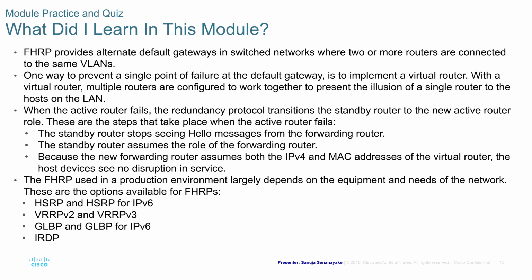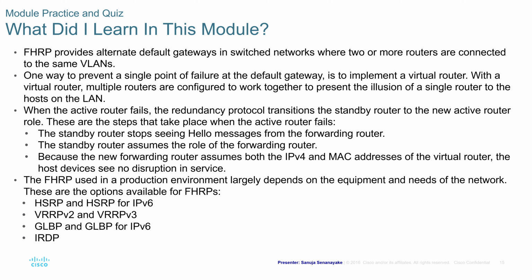When the active router fails, the redundancy protocol transitions the standby router to the active router role. These are the steps that take place when the active router fails. The standby router stops seeing hello messages from the forwarding router. The standby router assumes the role of the forwarding router because it realized that the forwarding router has failed.